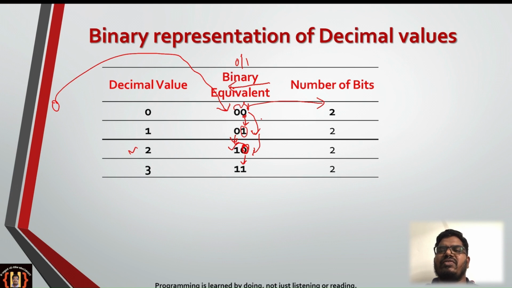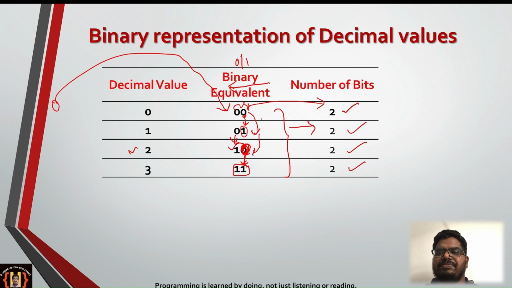But we can change the other one to 1. Now both bit positions are filled with 1s, and I can't do anything more with 2 bits. In all these 4 cases, 0, 1, 2, and 3 can be represented with 2 bits.